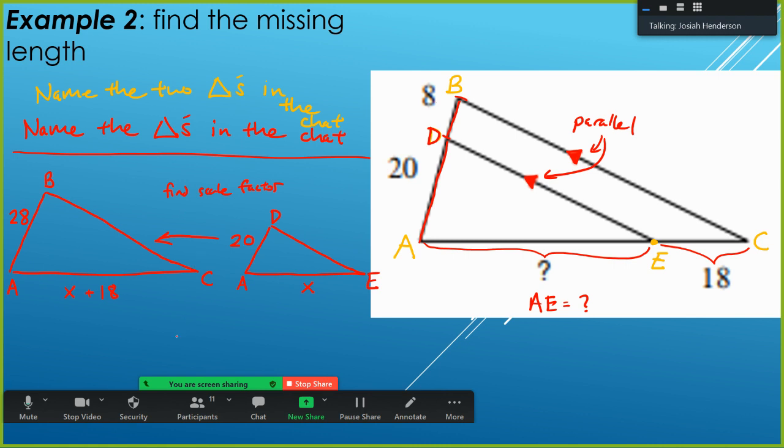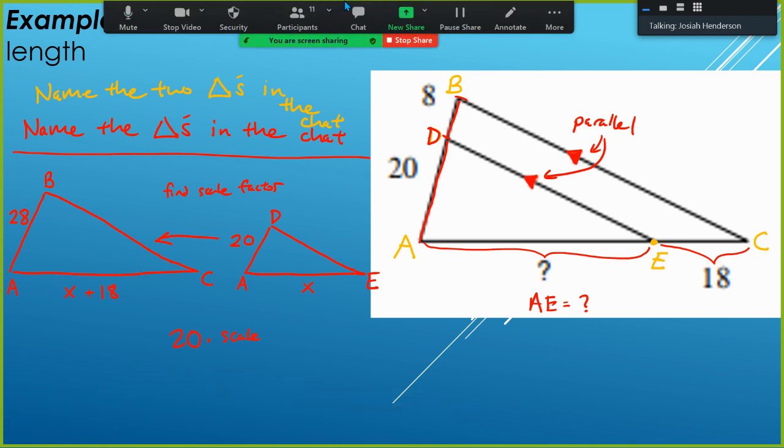So 20 times our scale factor, just like yesterday, equals 28. Now, how do I solve this equation for the unknown scale factor?